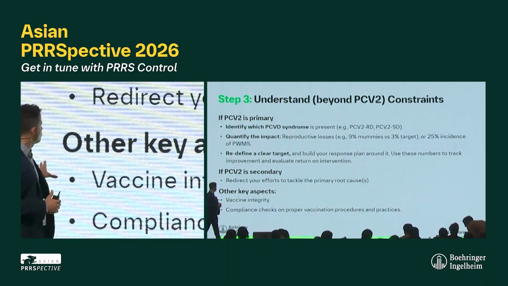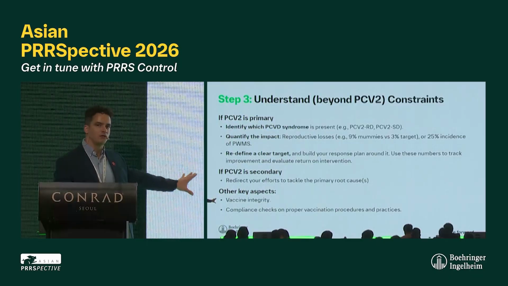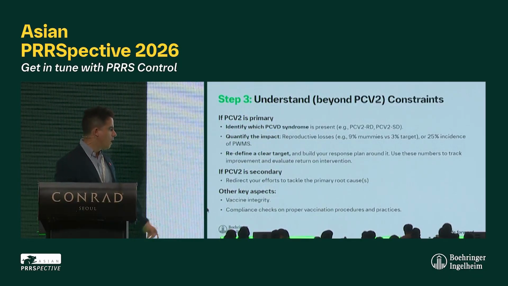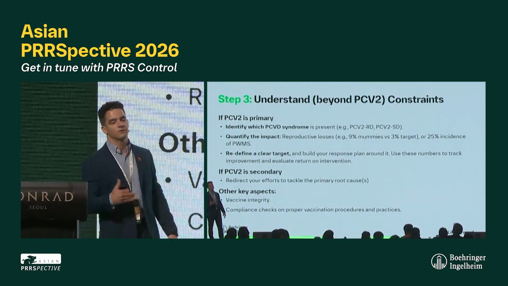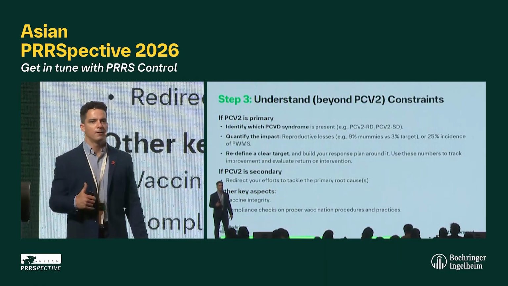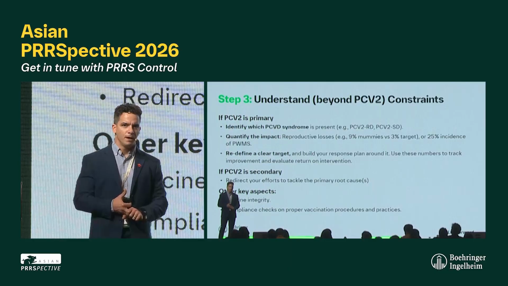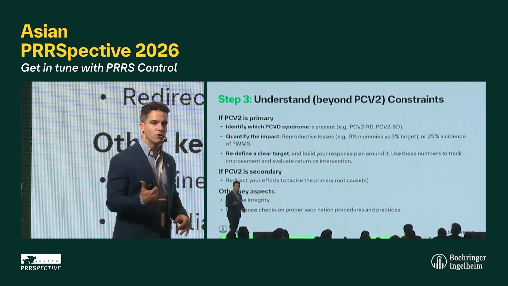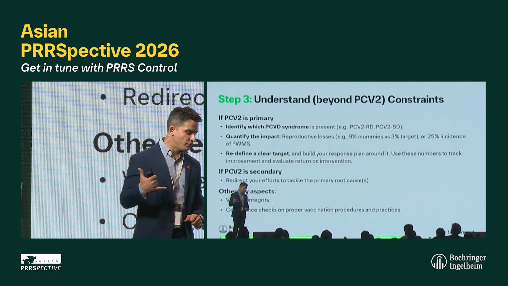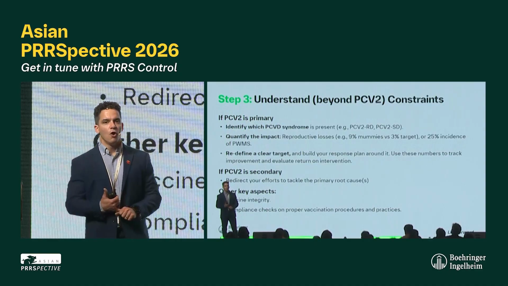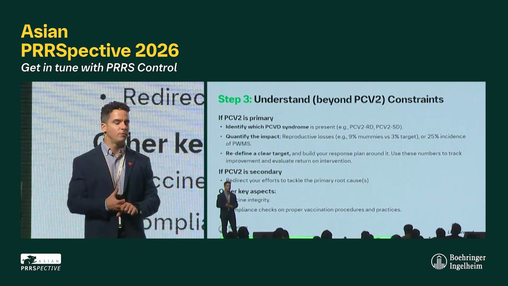One of the things we want to make sure is that we understand if the vaccine integrity is being maintained through all of the cold chain, for example, or if there are issues with compliance of vaccination. A lot of the times for these cases that we receive at the VDL, we say, hey, we diagnosed PCV2 disease in these tissues that you sent to the lab, and then we call the vet and try to understand, and they say, yeah, the people in the farm forgot to vaccinate those pigs, or the vaccines were sitting in the room before these pigs were vaccinated.